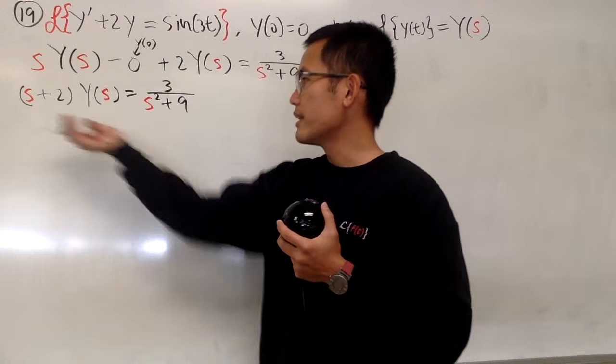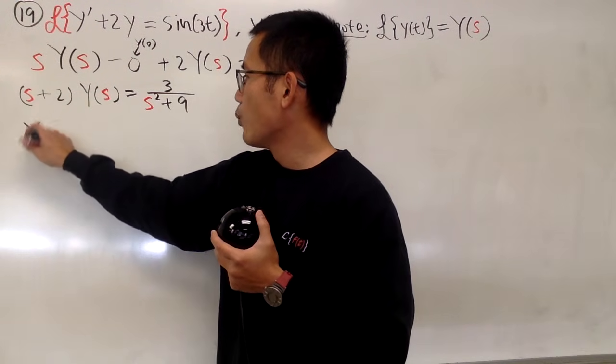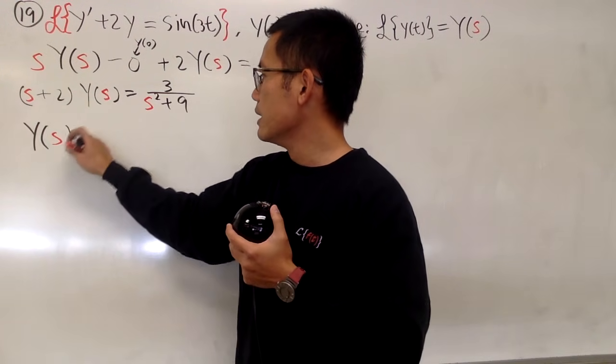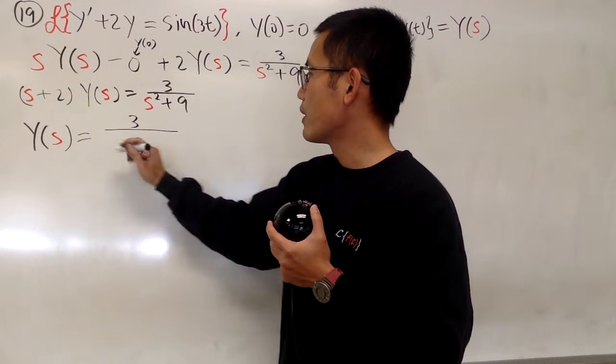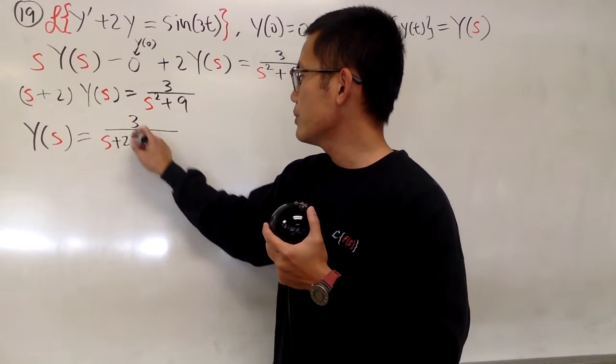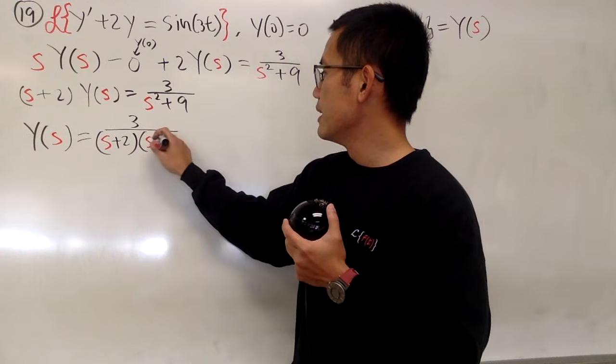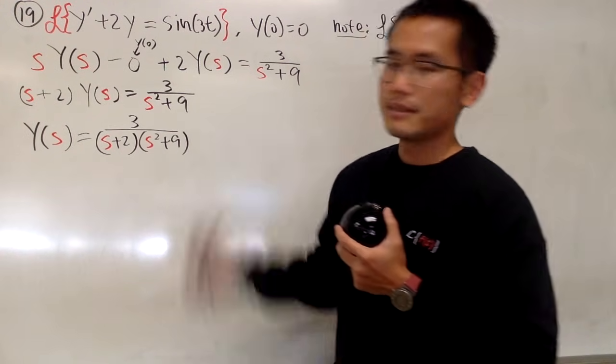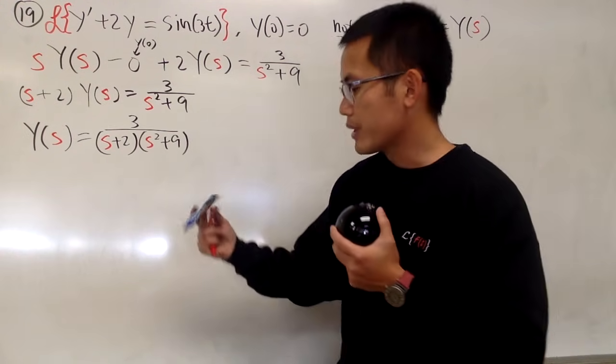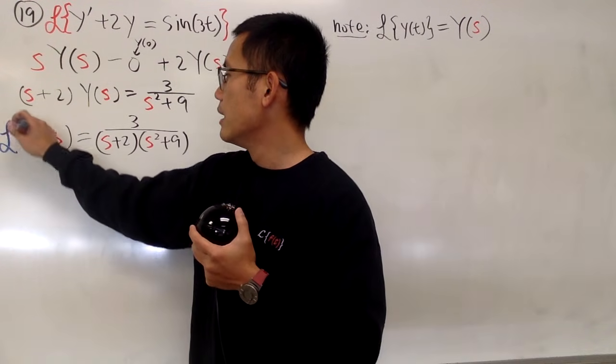And of course, we can just divide that on both sides. So we are looking at Y of s is equal to 3 over s plus 2 times s squared plus 9, like this. Now, we will take the inverse Laplace on both sides.